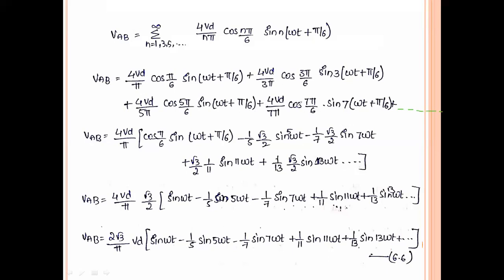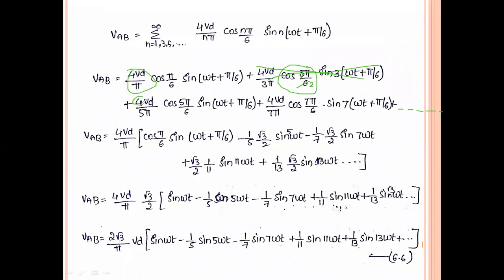However, we can simplify this equation, because see here it's 3 by 6. 3 by 6 means we will get pi by 2. 3 pi by 6, which is pi by 2. And cos pi by 2, which is cos 90. Cos 90 is 0. That means this entire term will become 0. And you can see here 4 by pi into Vd in the first term.